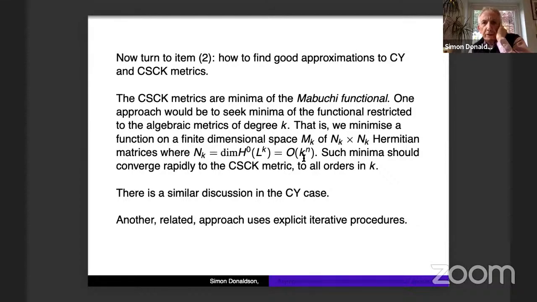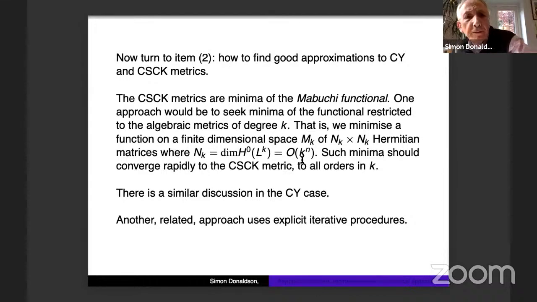One way we could think about it would be that the constant scalar curvature metrics are minima of a functional. It's called the Mabuchi functional. So we could restrict that functional to our finite dimensional space of algebraic metrics, which just correspond to given Hermitian metrics on a vector space, and then minimize this restricted Mabuchi functional on that finite dimensional space by some means.